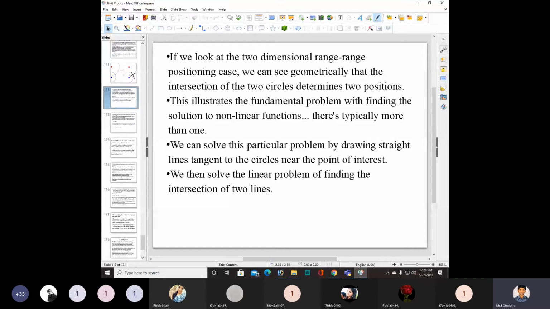We then solve the linear problem of finding the intersection of two lines.